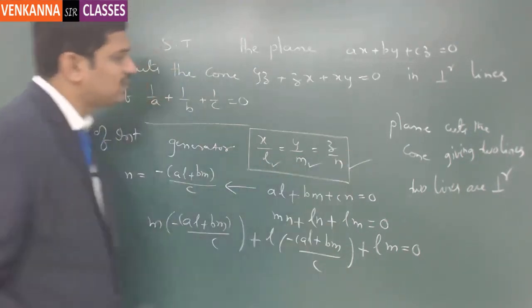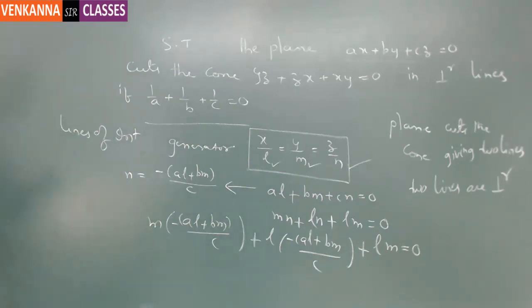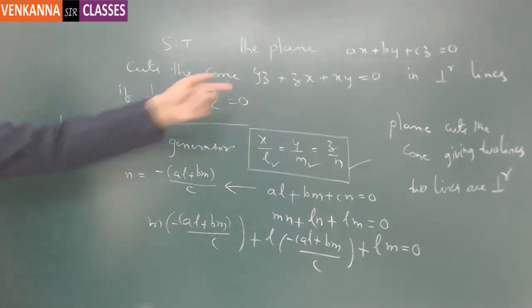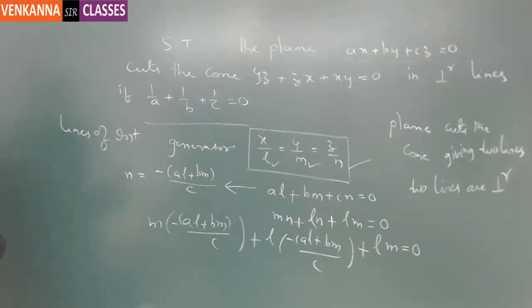The DCs of the generator will satisfy the cone equation, isn't it? That's why I have substituted lmn in the cone equation. So you have mn plus ln plus lm equal to 0, isn't it? That's why I have written. Fine.